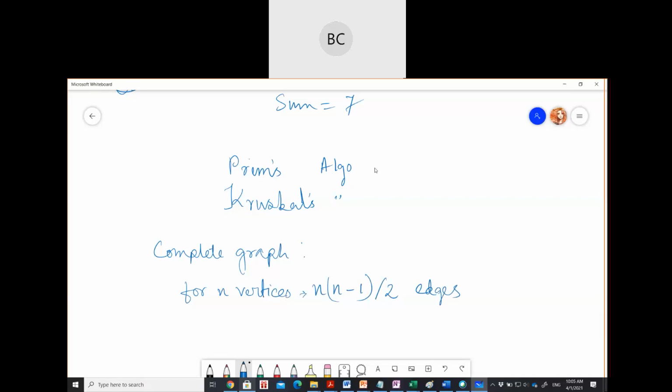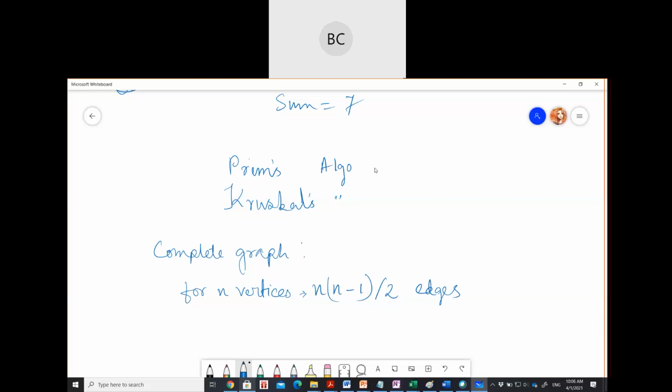So these equations are very important for any competitive exams. They sometimes ask what will be the number of edges in a complete graph if you have n vertices, and so on.